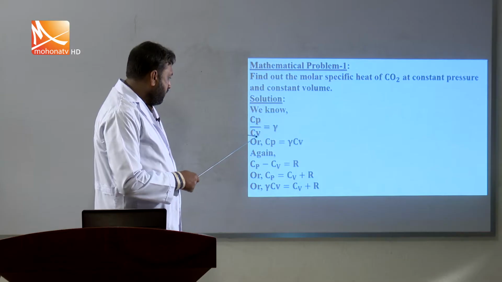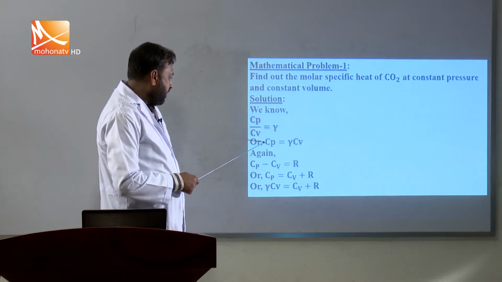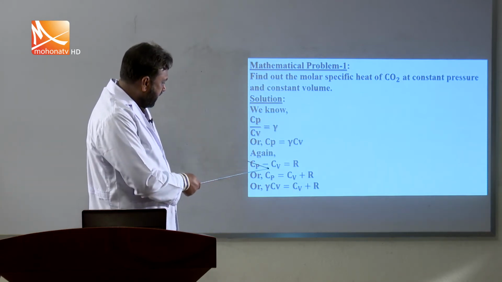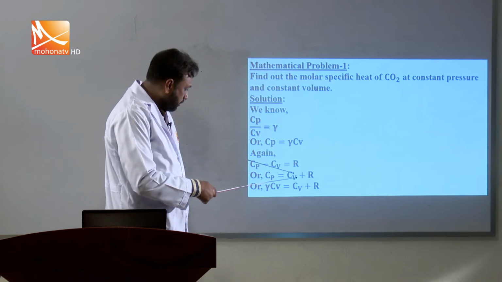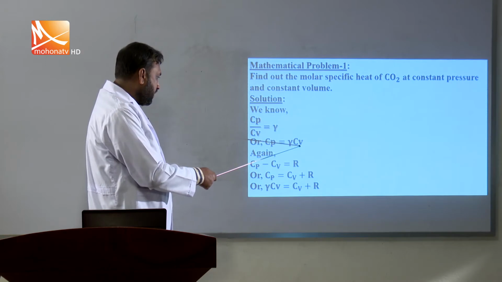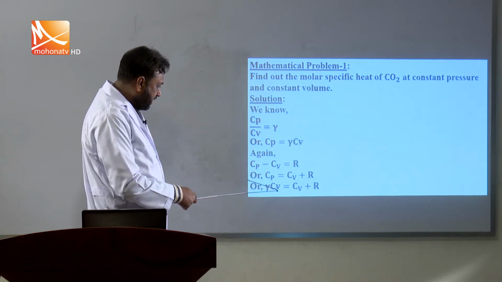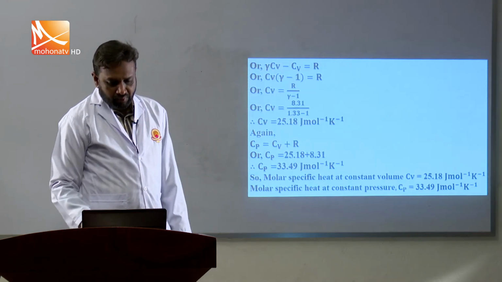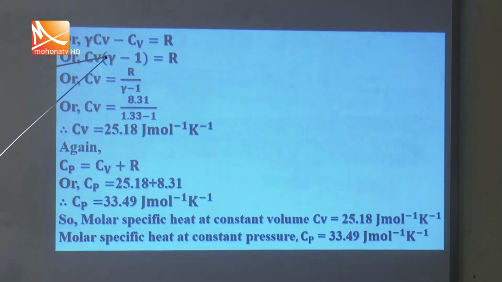We know Cp divided by Cv equals gamma, or Cp equals gamma into Cv. Again we know Cp minus Cv equals R, or Cp equals Cv plus R. If we put the value of Cp equals gamma Cv into this equation, we can write gamma Cv equals Cv plus R, or gamma Cv minus Cv equals R. Taking Cv common, (gamma minus 1) Cv equals R, or Cv equals R divided by (gamma minus 1).